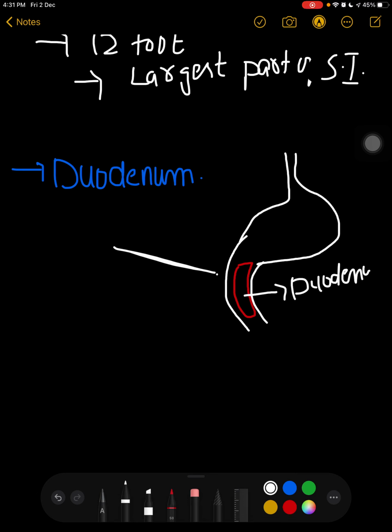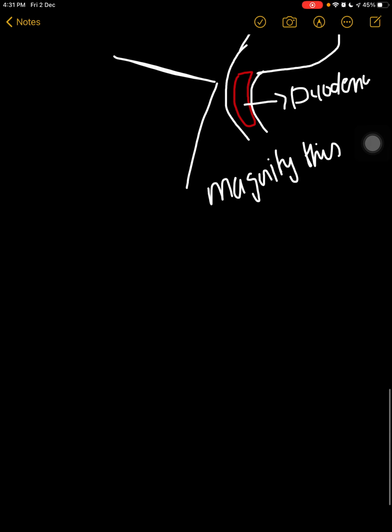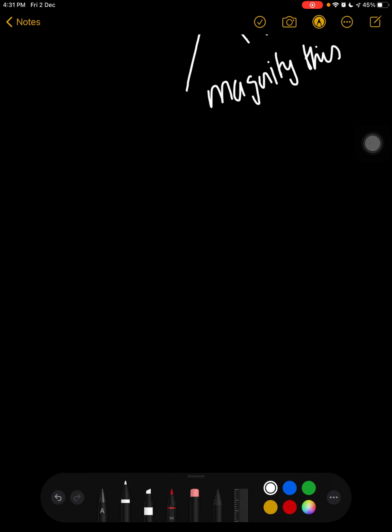Let's see this in a microscope. Let's magnify this duodenum and see its internal structure, right?